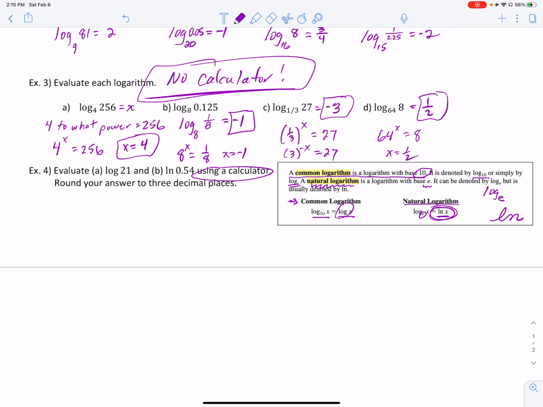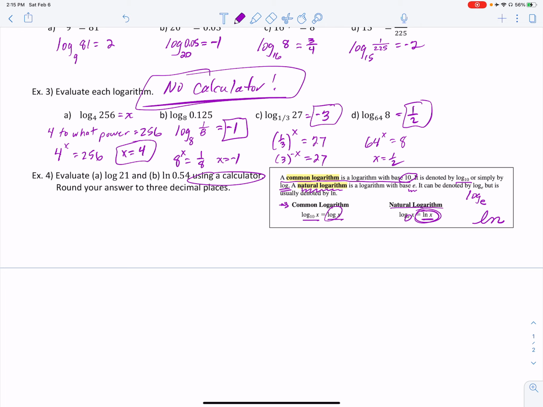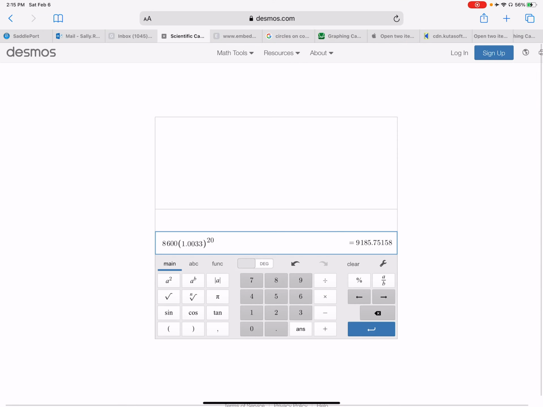And so we're going to go to evaluating these. In part A, that's a base 10. Because it's log, it doesn't show a base. It's understood to be 10. I hope I have my Desmos graphing calculator here. Yep. Get rid of all of that.